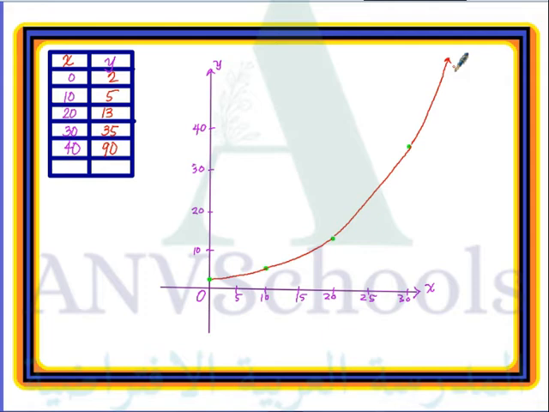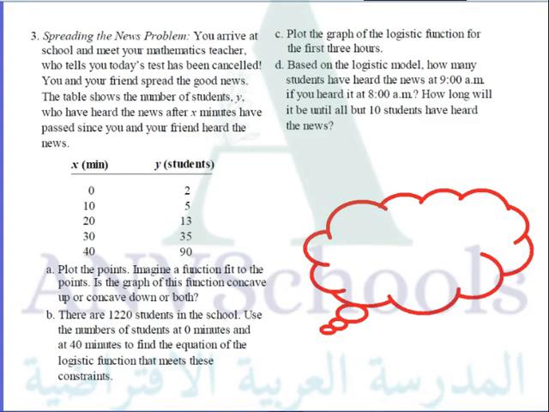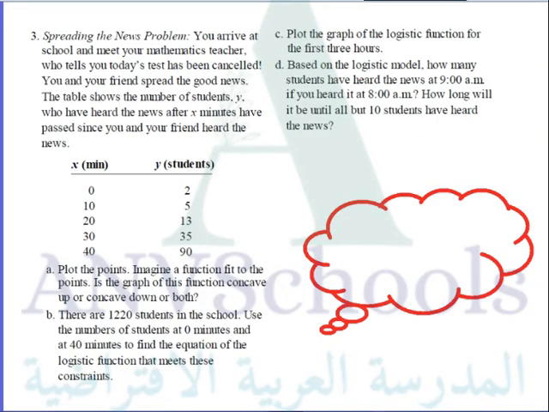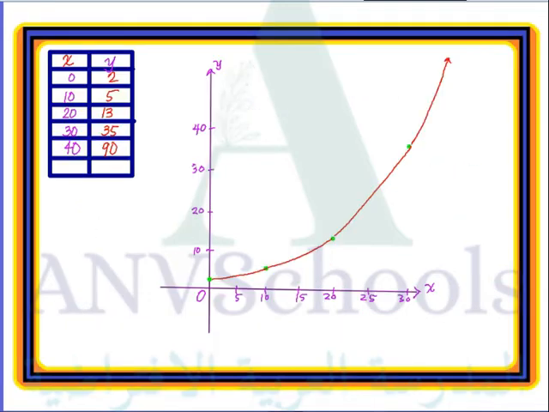So for letter B, or did we answer all of the questions for A? Is the graph of this function concave up or concave down or both? You could see that this is concave up, right?